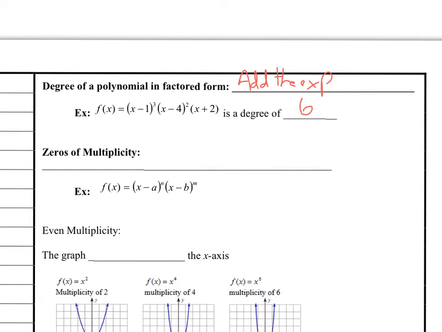The zeros of multiplicity are the number of times a factor appears in a polynomial.